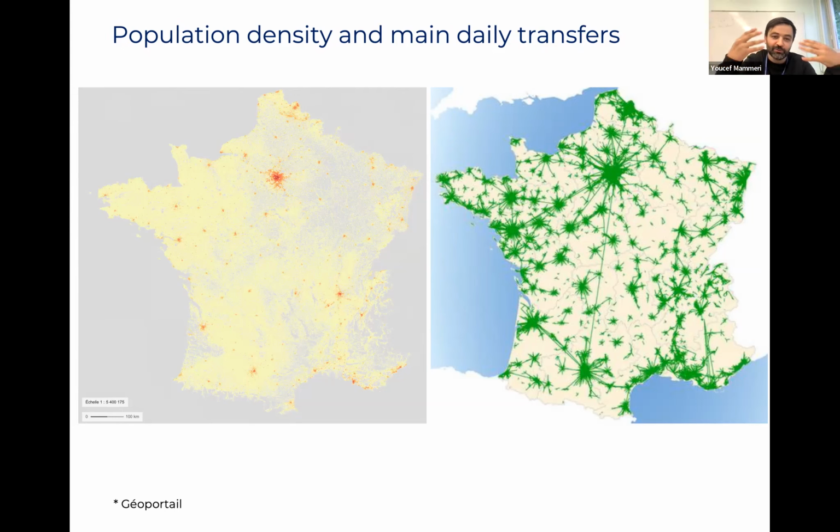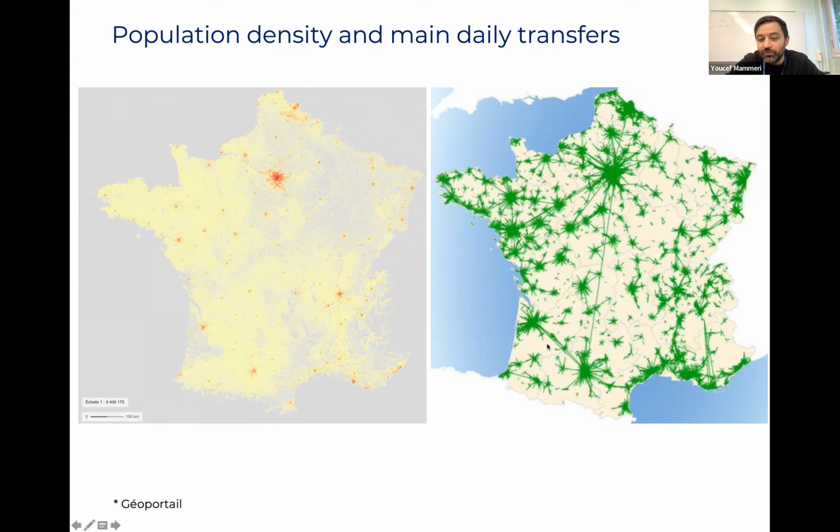Because again, the COVID or all the epidemics I showed here are made by contact between individuals. So the more people you have, the more contact you may have. So the density is something important. And also what we have here on the right part is all the commuting between cities.